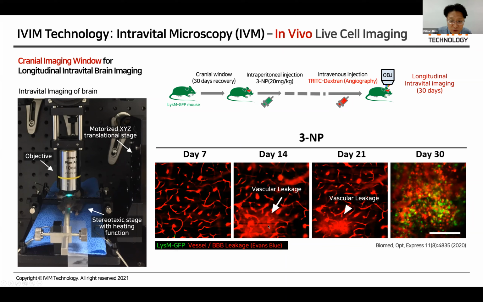What you can see here is the leakage of the dye, Evans blue, from the blood vessel into the brain tissue parenchyma. This vascular leakage is maintained until day 21, like this.